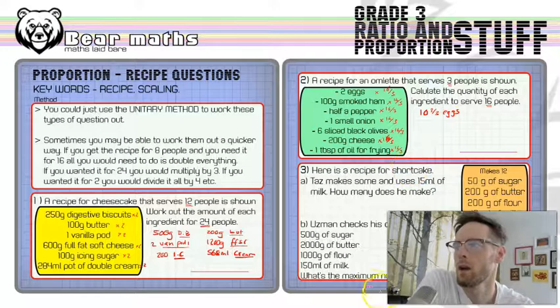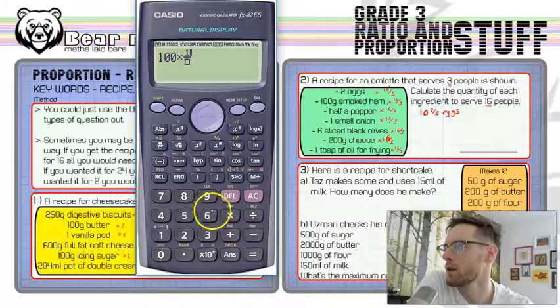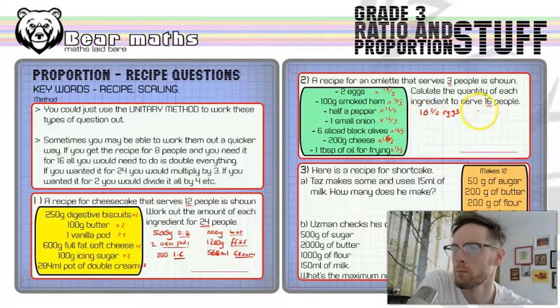All right, 100 grams of smoked ham multiplied by 16 thirds. So 100 multiplied by 16. I need to press the fraction button first, sorry. 16 over 3. And that gives me 533 and a third grams of ham.